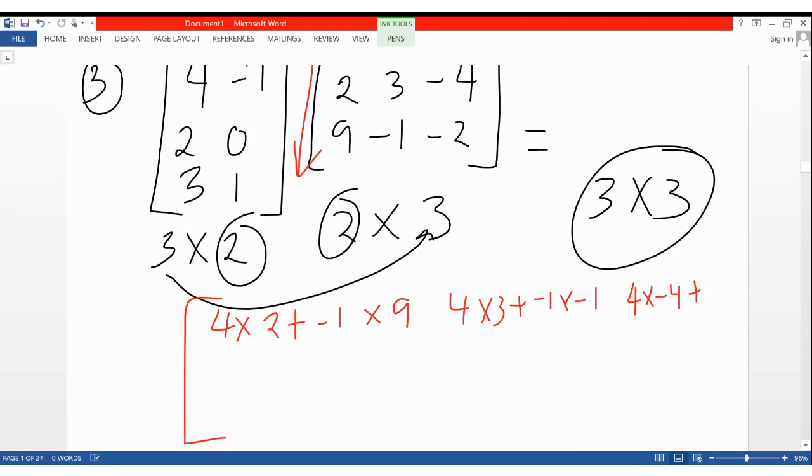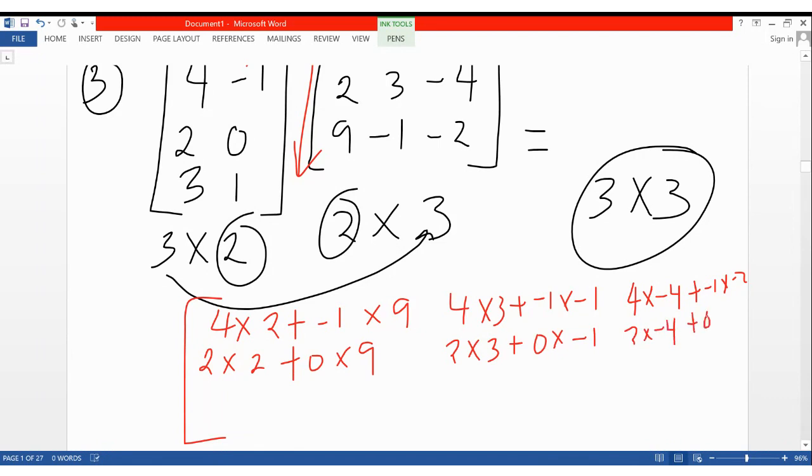-1 times -2. I go now to the 2 and 0. So 2 times 2 plus 0 times 9. That's the first one. Then I should have 2 times 3 plus 0 times -1, and 2 times -4 plus 0 times -2.